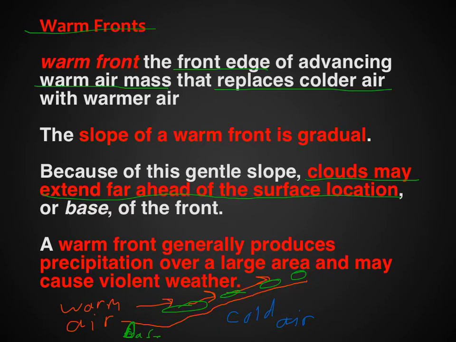And a lot of times, warm fronts produce precipitation over large areas. And sometimes that's violent. Not really as violent usually as a supercell thunderstorm, but you can get many days of heavy rains from nimbostratus clouds, which could also have lots of wind associated with it as well.